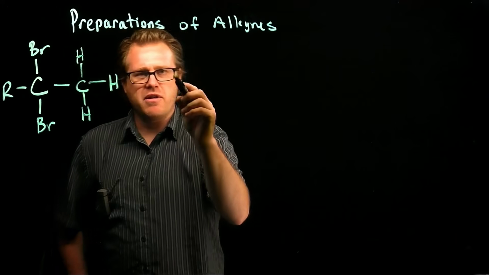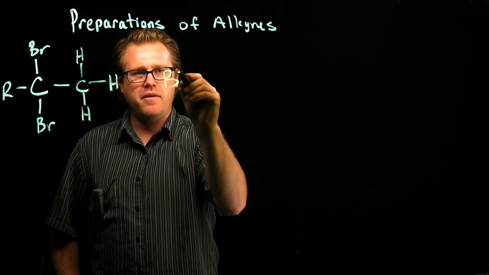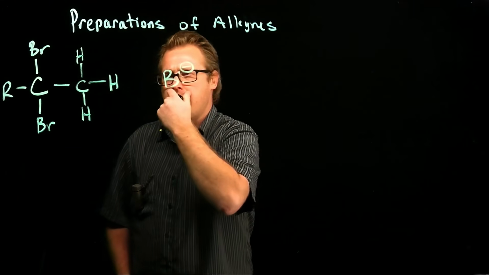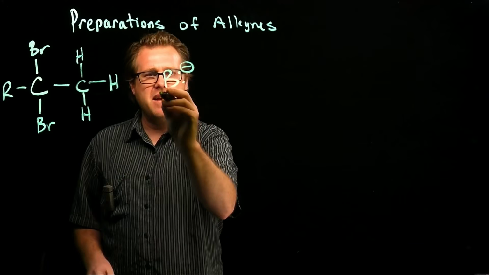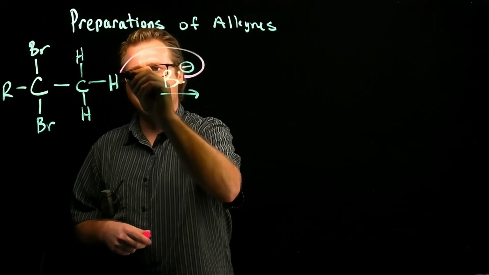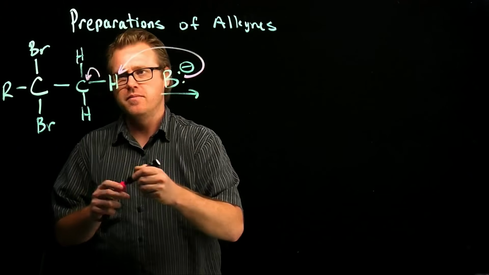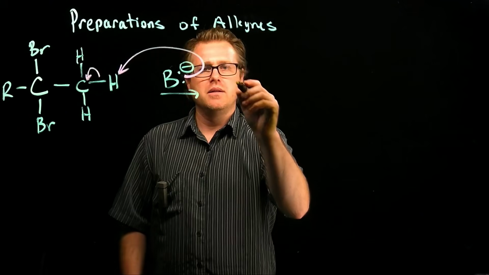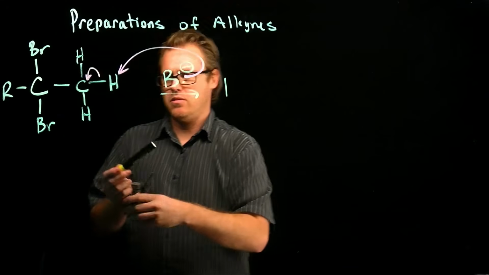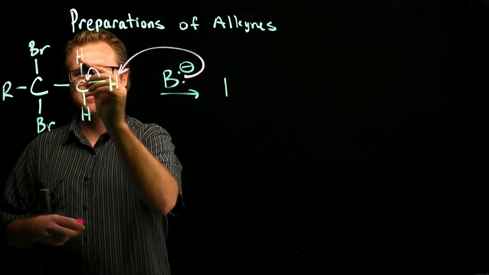So I'm just going to represent it with a B for strong base right now. That's going to represent the sodium amide, okay? So what's the first step in the mechanism here? Well, the base is going to come in and grab a proton, right? And give us, well, that's a horrible, we're missing one of the mechanisms, huh?